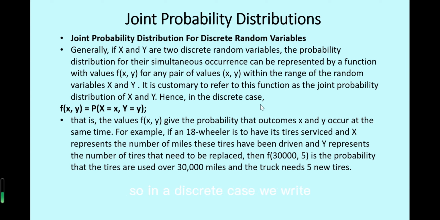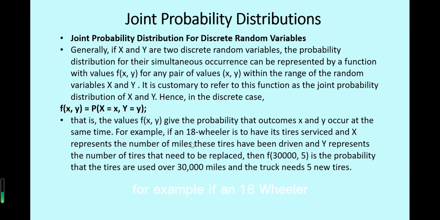In the discrete case, we write f(x, y) = P(X = x, Y = y). That is, the values f(x, y) give the probability that outcomes x and y occur at the same time.